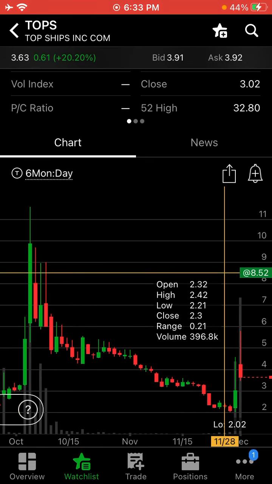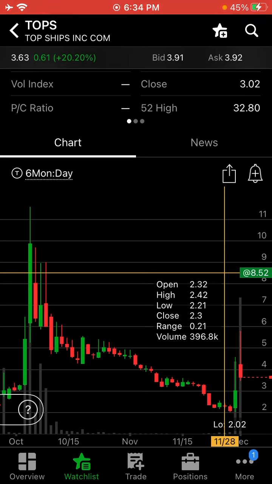So when we have a lot of float rotation, and also when there is a small float or low float stock, and remember anything under 10 million is considered a low float stock, you take a low float stock and float rotation, it makes it easier or more likely that the stock can spike 50 to 100% or more in a few days, or even in one day.